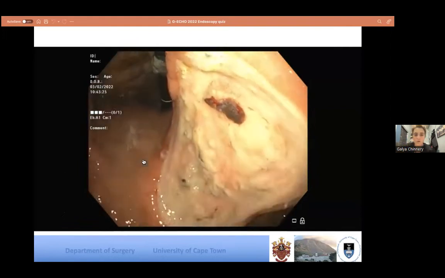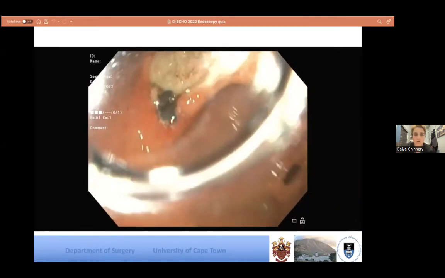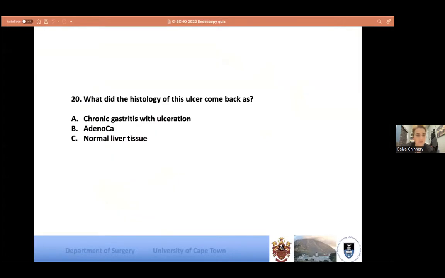I've biopsied that. I've done something which I don't normally do, and then I've biopsied a bit of the base of the ulcer as well. So what did it come back with? Chronic gastritis with ulceration, adenocarcinoma, or normal liver tissue? What do you think?